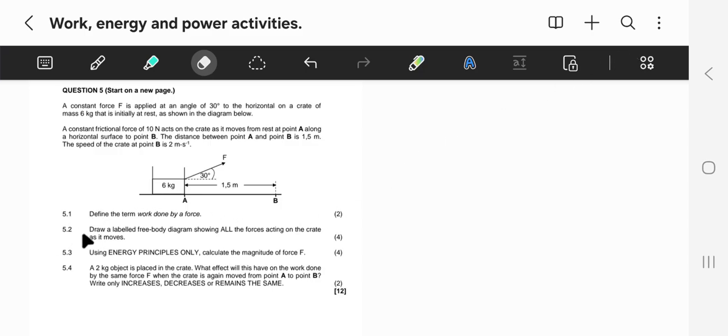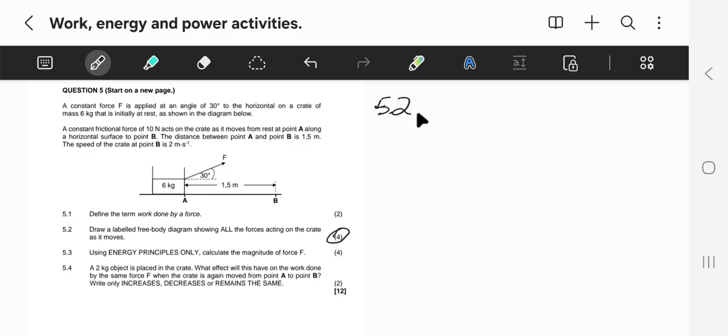Now guys, we'll look at 5.2. 5.2 says draw a labeled free body diagram showing all the forces acting on the crate as it moves. Guys, when you see that your free body diagram question has 4 marks, that means in this case 3 of the forces that we are going to draw will be invisible, meaning forces that we can't see, and the other one will be the one that we see.